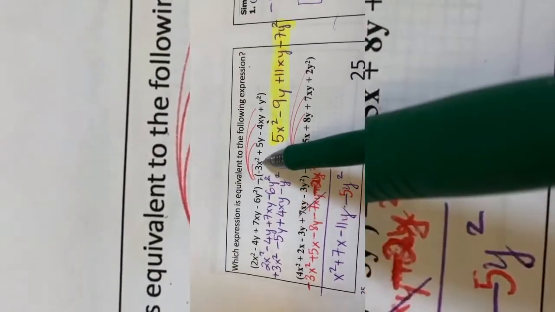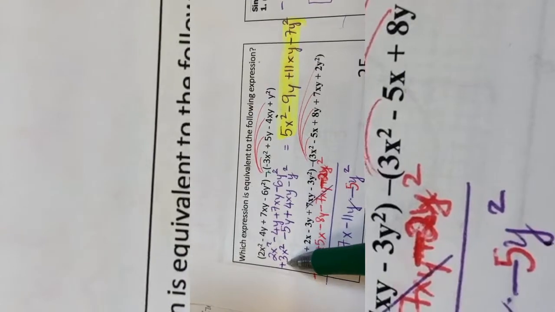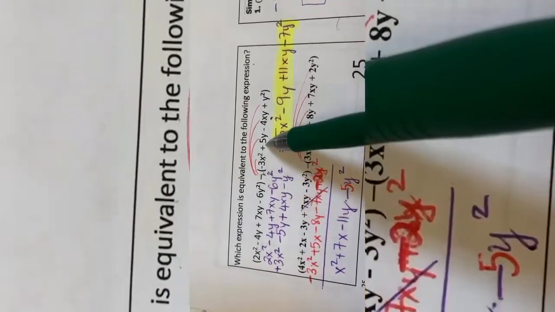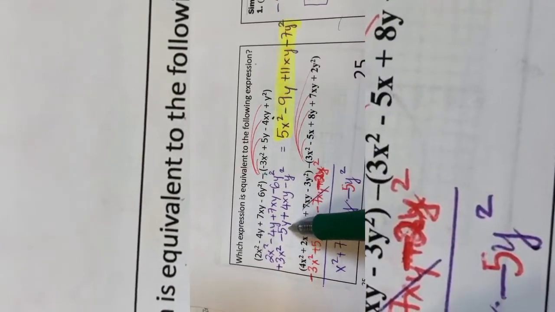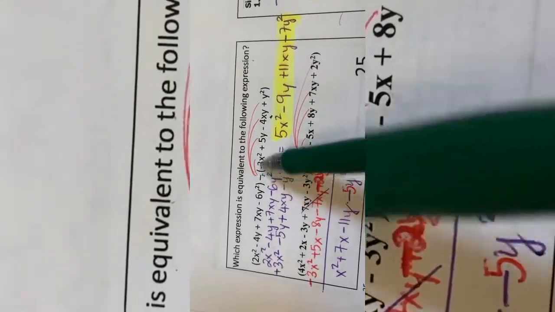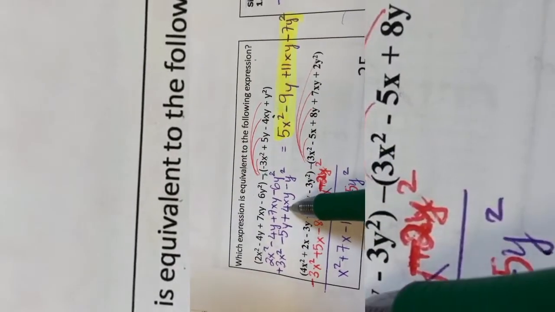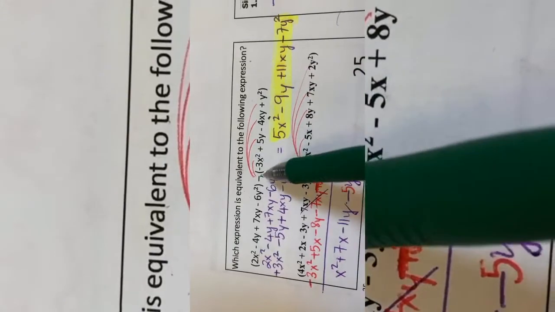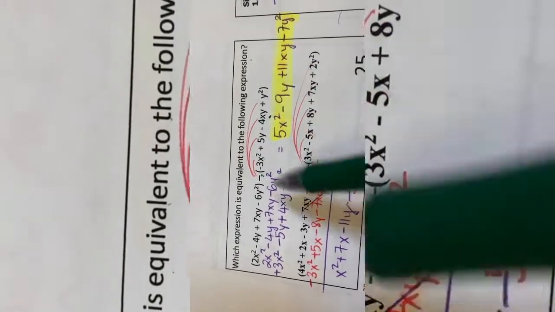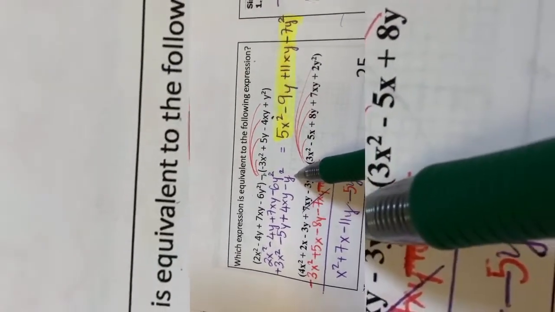So subtract a negative becomes a plus. Subtract a positive is the same as subtracting. Subtract a -4 becomes a +4. Subtract a y square is just minus y square.